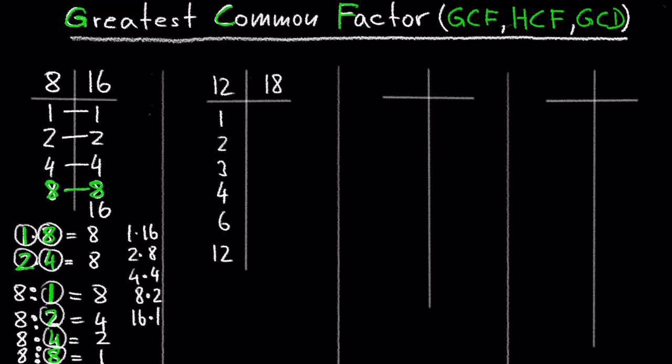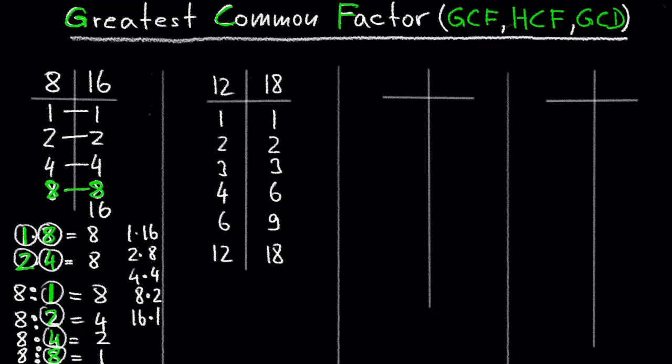We do the same with the number 18. Feel free to pause the video and find these numbers. The numbers are 1, 2, 3, 6, 9 and 18. The next step is to find common factors in our list.